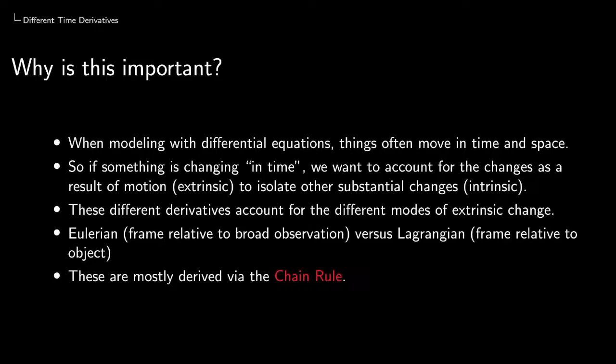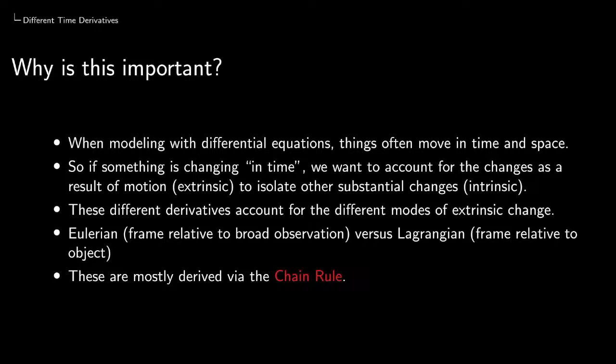In the second part, we'll talk about an example of how that might change. These different derivatives basically account for the different ways that things can change in an extrinsic fashion.